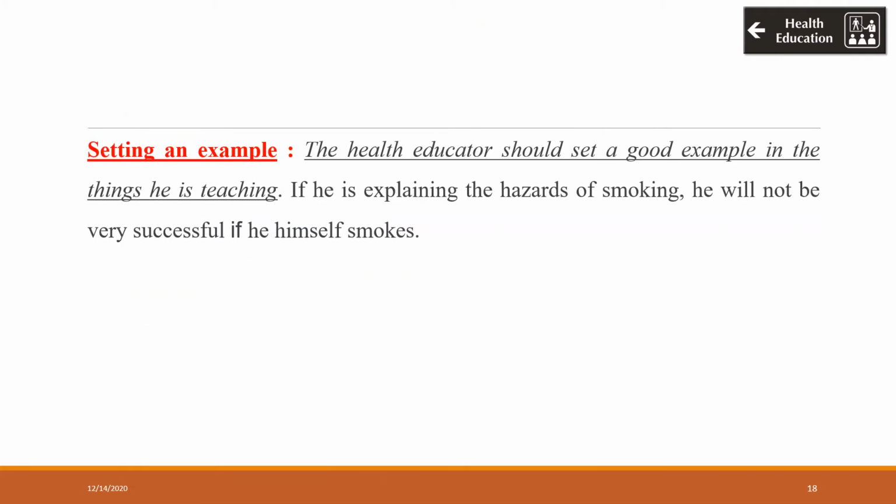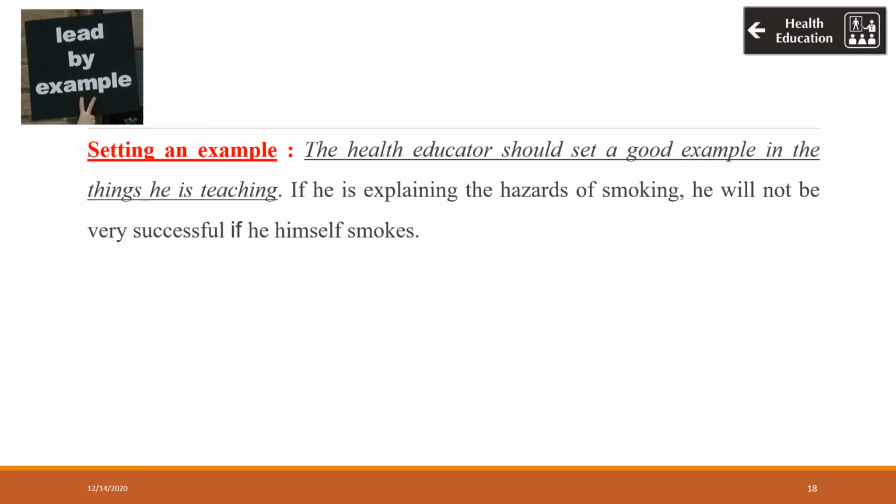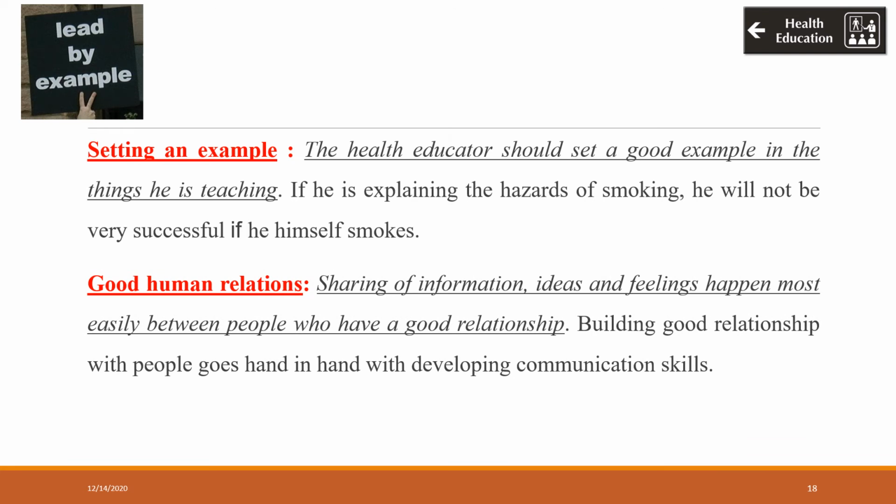So setting an example. The health educator should set good examples in the things he is teaching. If he is explaining hazards of smoking, he will not be very successful if he himself smokes. He should be a genuine health educator. Good human relationship. Sharing information, ideas, and feeling happens most easily between the people who have a good relationship.